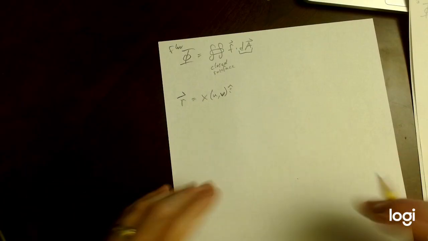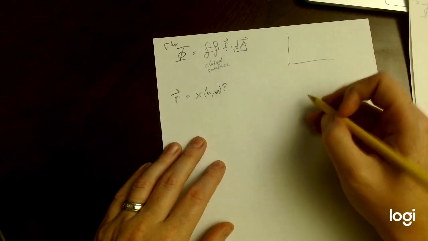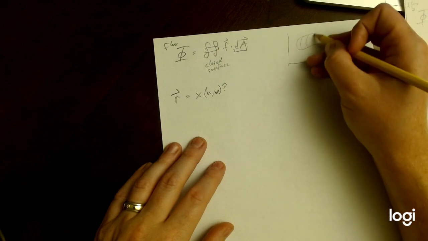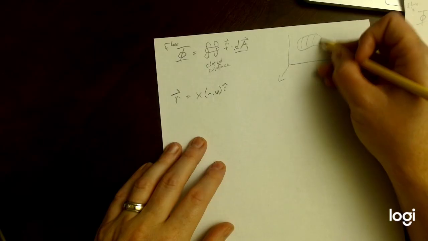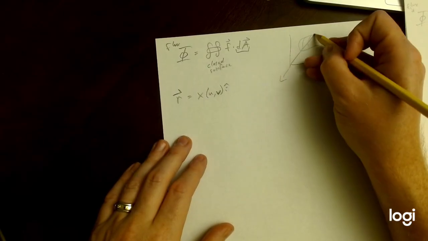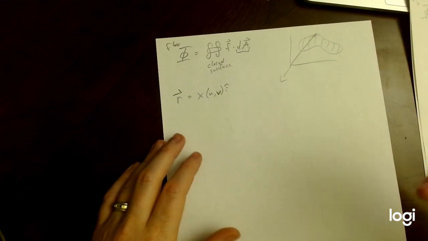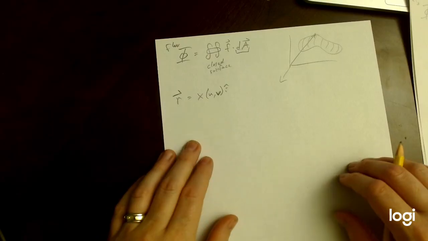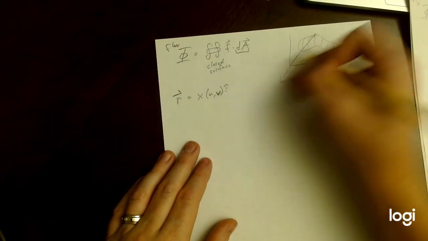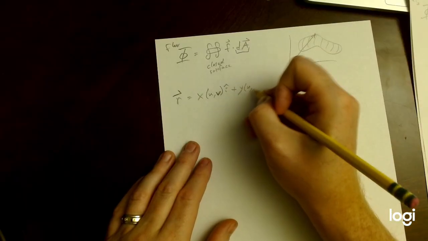Here, let me draw something like, I've got some weird bean-shaped surface in these 3 dimensions, whatever, and I can draw a vector from the origin pointing to a spot that exists on this surface, and the x and y and z coordinates of that vector can be written out in this way. This is what I mean by parametrically.